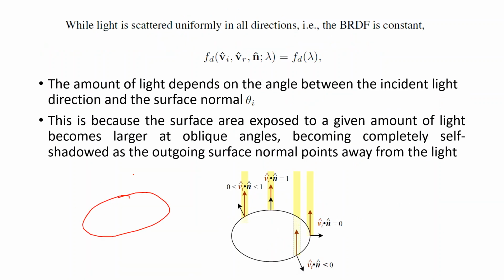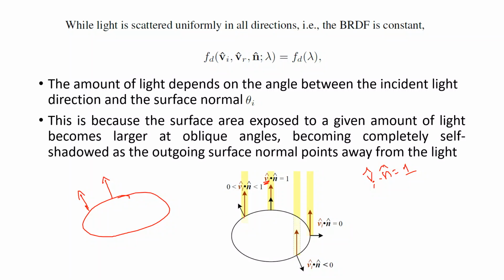I'm going to take one ellipsoidal surface. So Vi represents the incident light. If it directly hits the surface, look at the maroon arrow, it represents the incident light direction, and the dot product of Vi and N becomes 1 if it directly hits the surface.